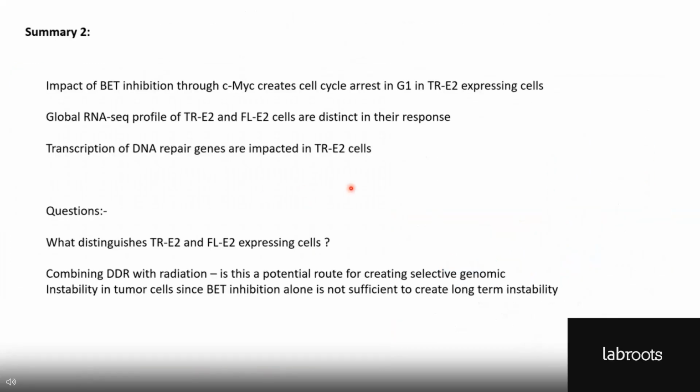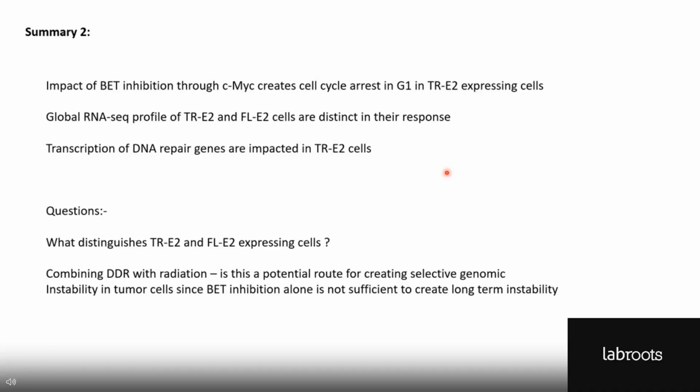So then we summarized these preliminary results, and we identified that c-MYC creates cell cycle arrest in G1 in truncated E2 expressing cells. The RNA sequencing profiles of truncated E2 and full length were very distinct, and transcriptional DNA repair genes are impacted in truncated E2 cells more significantly than the full length.